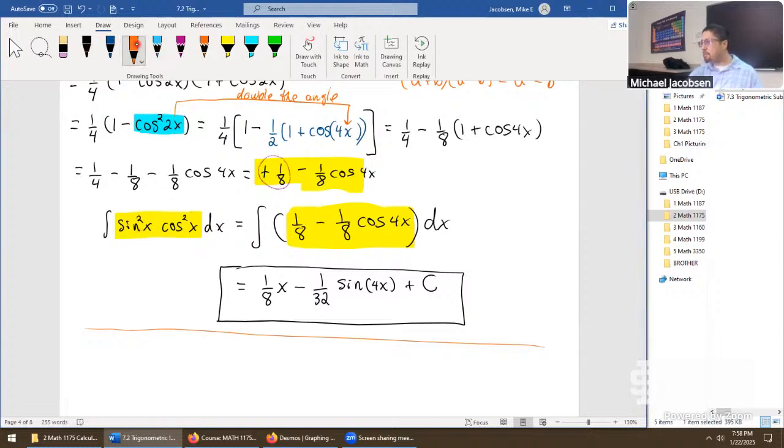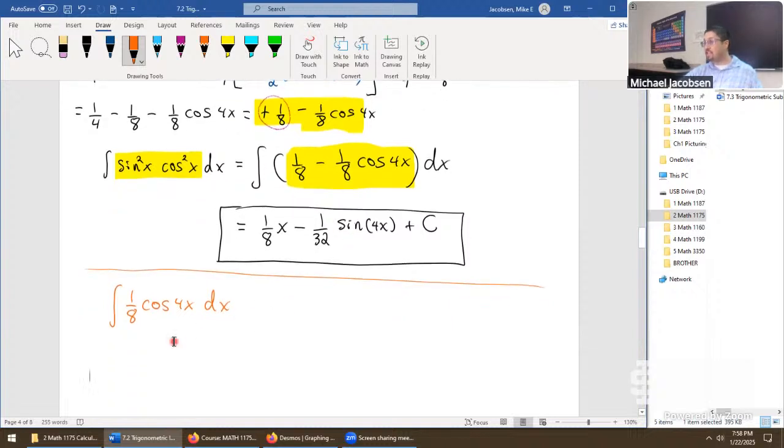But if we're thinking about antiderivative of a 1/8 cosine 4x, let's look at this again. I'm excluding the negative sign just for the sake of simplicity on this one. So imagine we're not worried about that negative there. We're trying to hit a 1/32 sine 4x. So one thought here is you could just do a u substitution. U would be equal to 4x. That's the 4x right here.